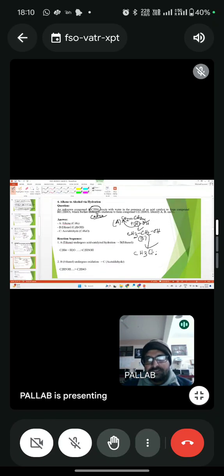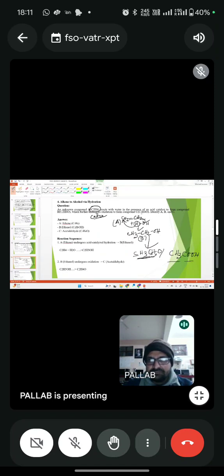The compound is either CH3CHO or CH3COOH. But before that, we need to look at the formula. The formula of the compounds is provided: both have C2, 4 hydrogen and 1 oxygen.